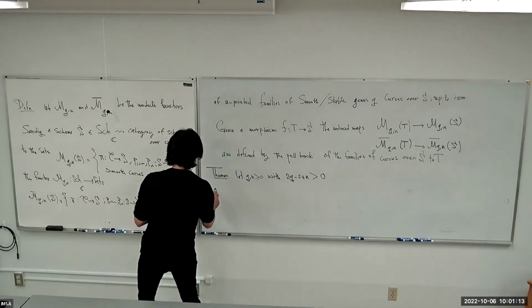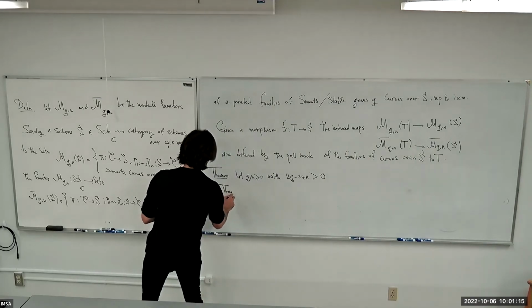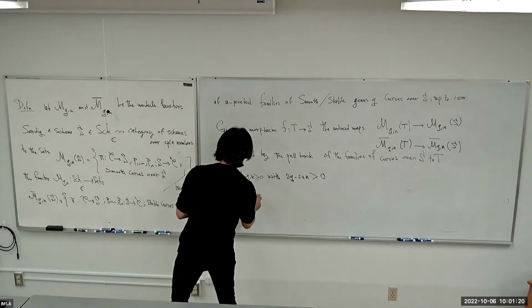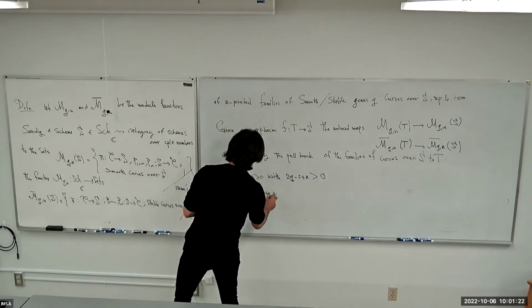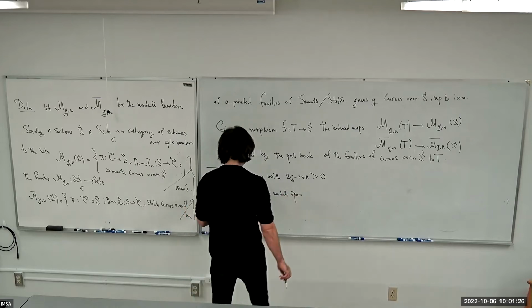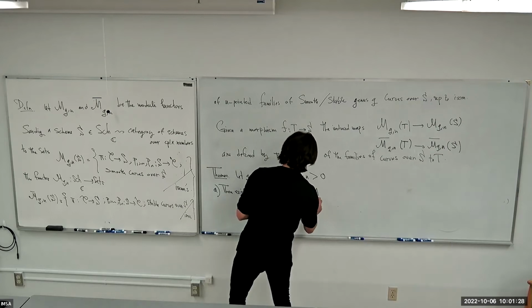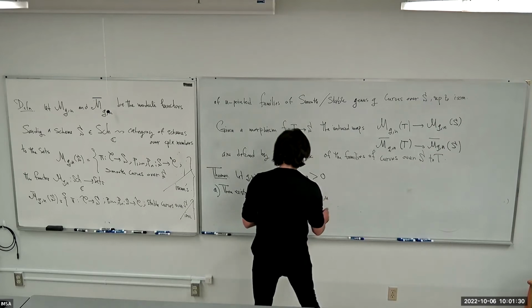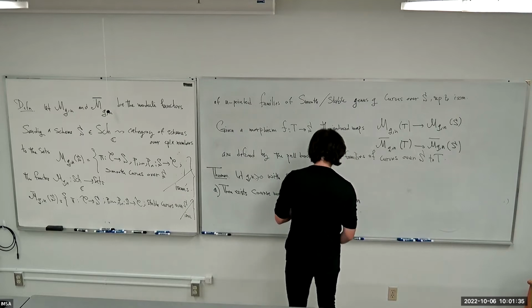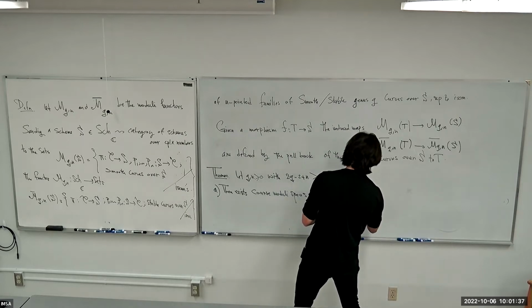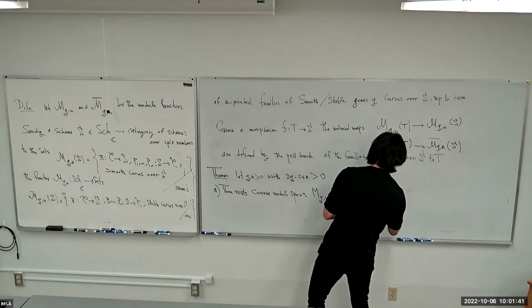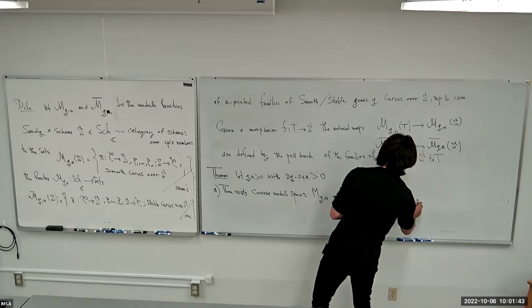Then A, there exists a coherent coarse moduli spaces, straight M_{g,n} and straight M bar_{g,n}, of curly M_{g,n} and curly M bar_{g,n}.